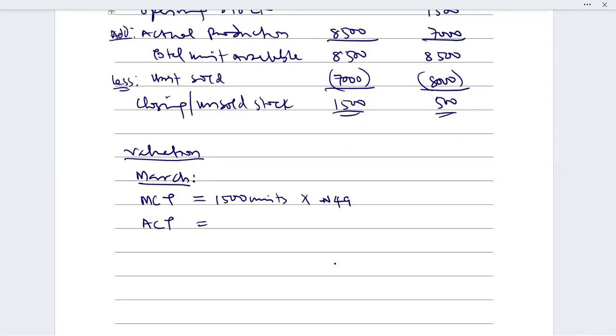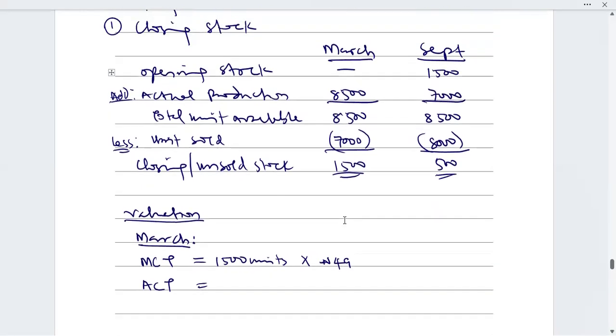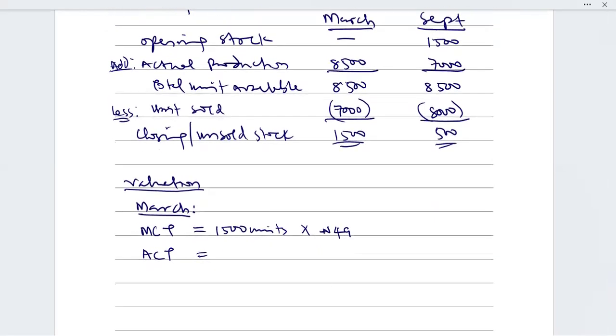You add up 18 plus 28 plus 3, that's 49. So what do you have here? 73,500. So this is 73.5. Figures are in thousands.